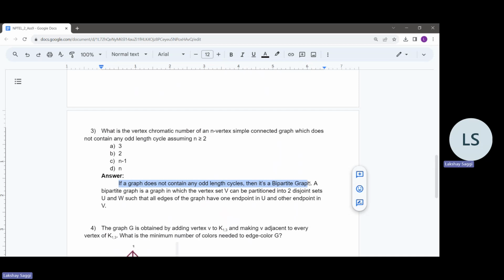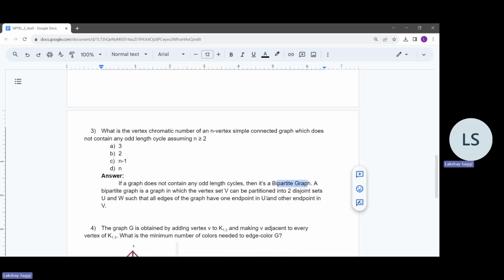Whenever you see a graph which does not contain any odd length cycle, just think of replacing that with a bipartite graph. It's equivalent. You can just use the bipartite graph definition.